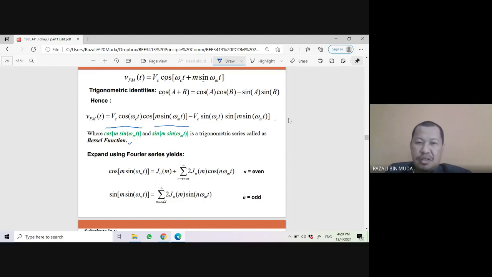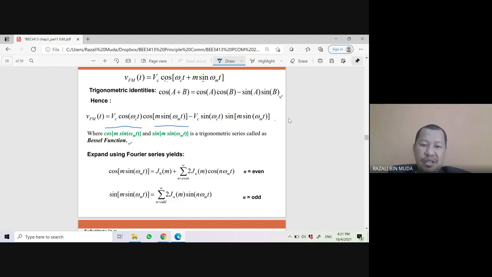Solving this equation needs a trigonometric identity: the cosine of a sine, cos(A plus B). You need to study this first.